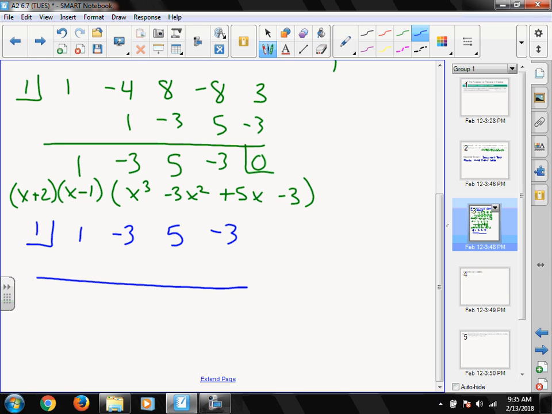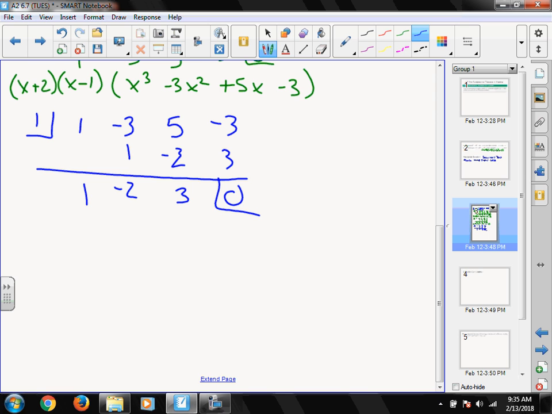So, but what if 1's a repeated solution? 1, 1, negative 2, negative 2, 3, 3, 0. Yeah, I was getting ahead of myself.